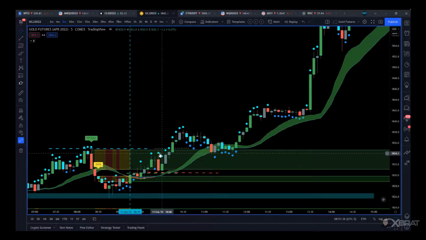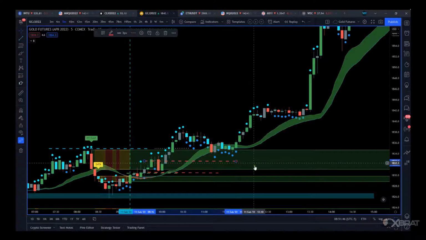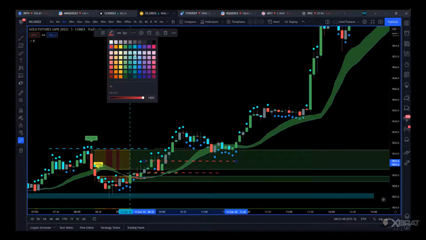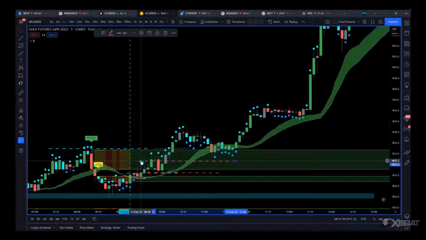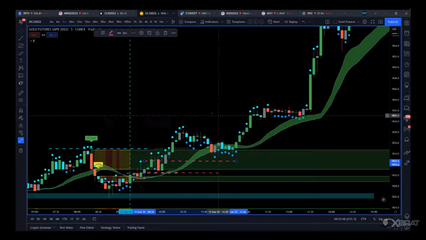You're adding one more contract, so your average holding position is halfway, roughly around about here. When you get your second contract, this is where your average holding price is for both contracts. Your stop is only down here, so your risk is very limited and your reward is massive.